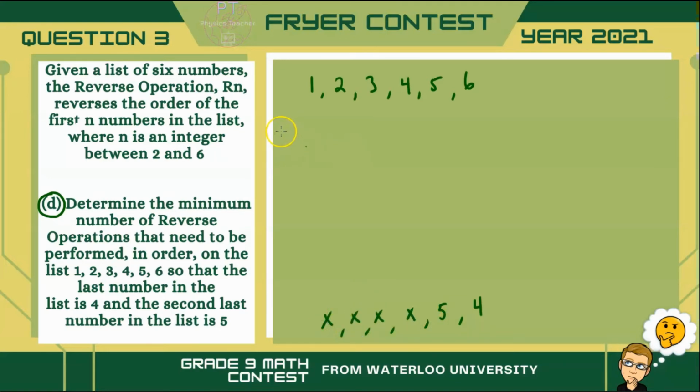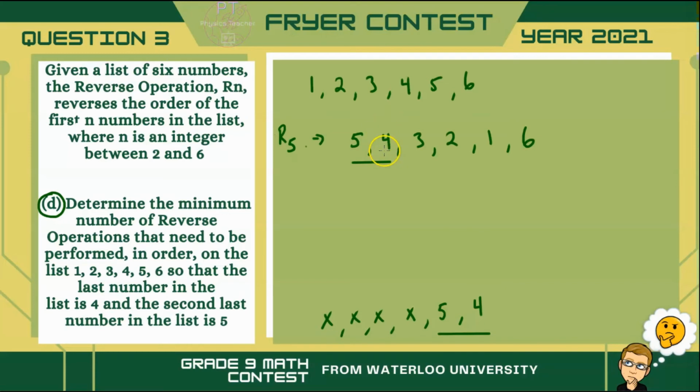So what I'm going to start with is an R5 reverse operation. This is going to lead me to 5, 4, 3, 2, 1, and 6. I did that because I want 5 and 4 in the beginning because I want to move them to the end.